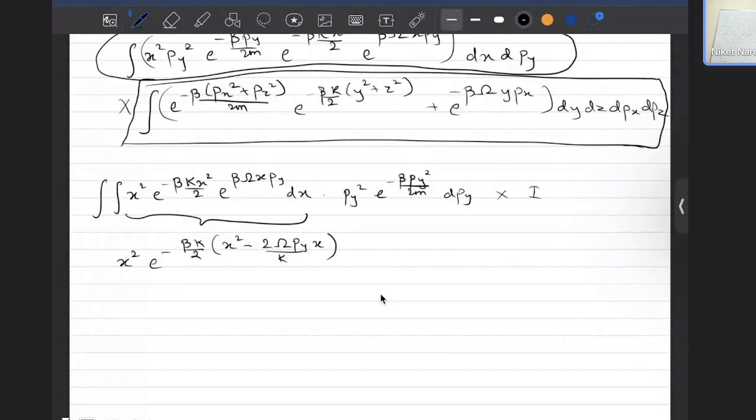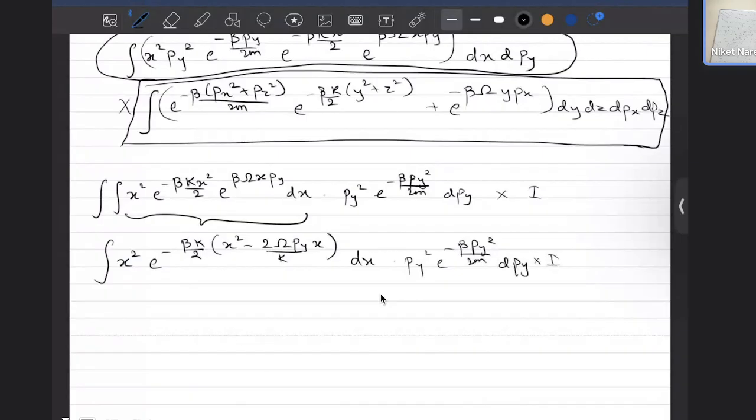So to complete the squares here, into py squared e to the power minus beta py squared by 2m dpy into I.